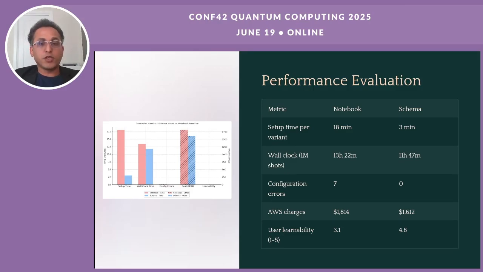Third is configuration errors. We went from 7 errors in the baseline to 0, which is a huge win. Then cost. The schema workflow saved around 200 USD, largely due to more efficient execution and fewer retries. Finally, learnability. Researchers rated the schema portal 4.8 out of 5 compared to 3.1 for the notebooks.